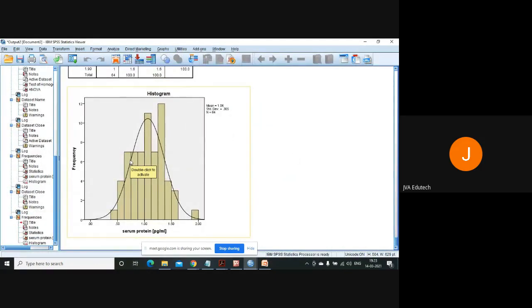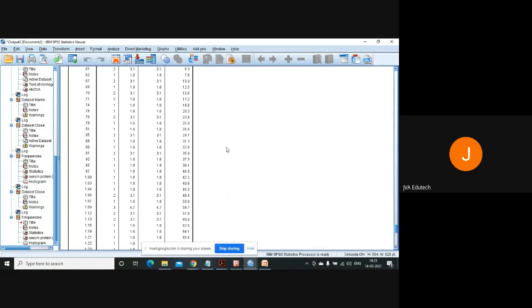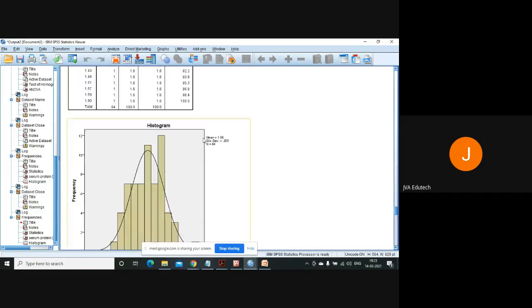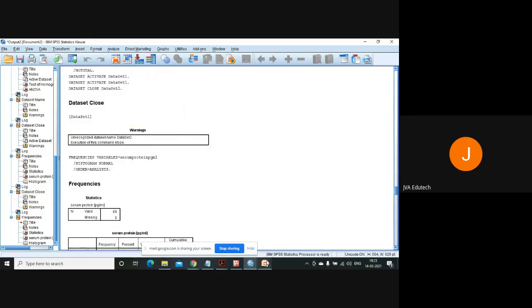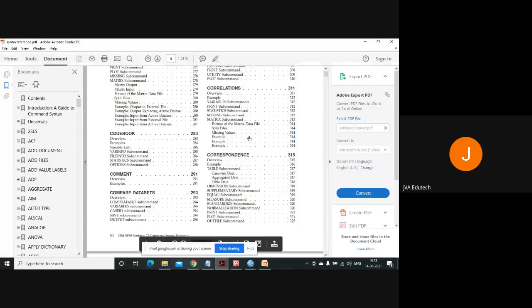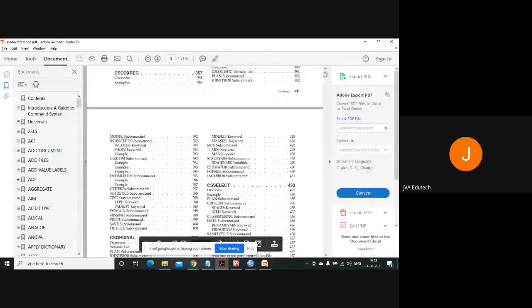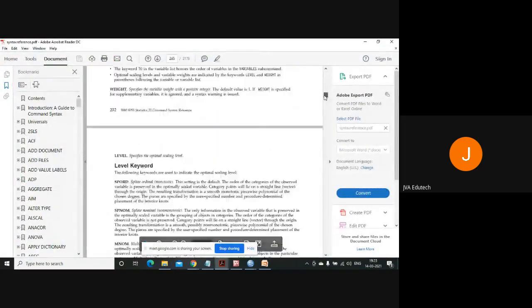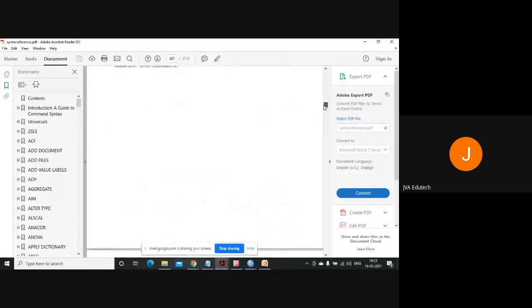Most of the time it is handy if you want to run a command again and again. Just save whatever you have done through SPSS as a syntax. SPSS has given a syntax file, and I'll share with you what syntax you should use if you have to perform a particular test.